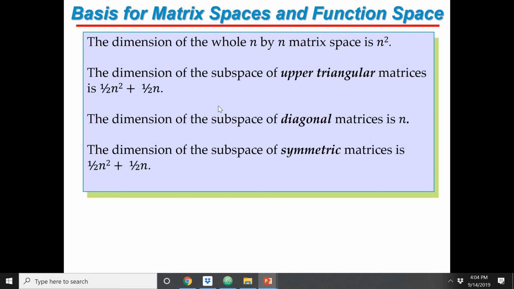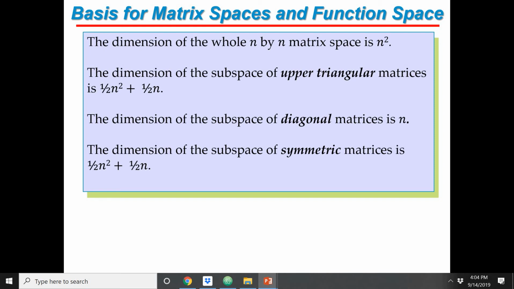Effectively, how you get this number is to count how many elements you have for an upper triangular matrix, counting also the diagonal elements. And that number comes to be what you see here. If you have a diagonal matrix, then you have n elements. And if you have a symmetric matrix, you have basically the same number as before, n squared over 2 plus n over 2, being the dimensionality for a symmetric matrix.